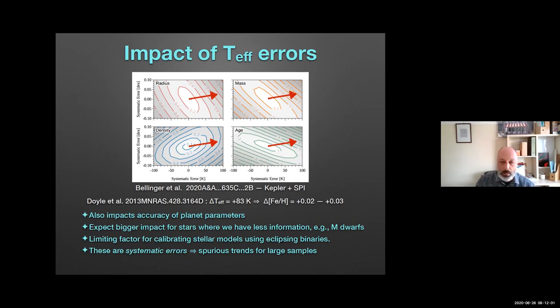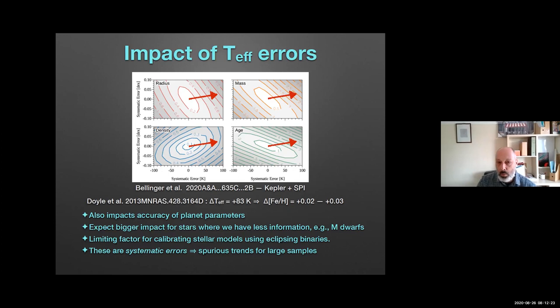How do planet properties vary as a function of the stellar age? And so here we see the issue with systematic errors in temperature. If you have a systematic error in effective temperature, that doesn't average out. That will give you some sort of spurious trend with metallicity, mass, age. All these things are interrelated.